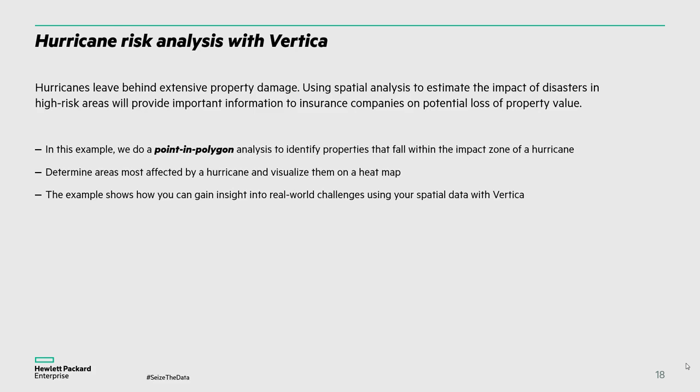The point data set we're using here is landmarks on the US East Coast, and the polygon data set is Hurricane Bonnie in 2016. They are all publicly available real-world data. Then we will determine the areas most affected by the hurricane and visualize them in a heat map.